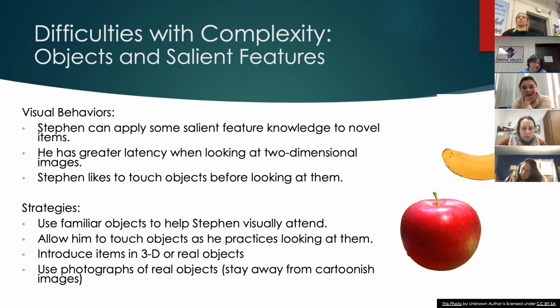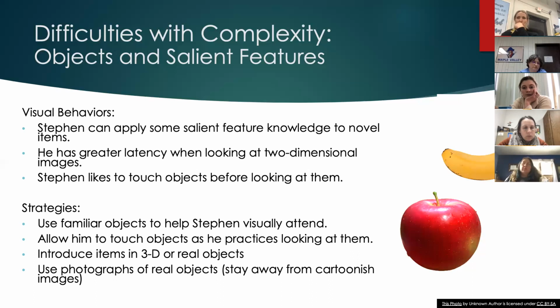And if you remember, complexity is broken down into 4 parts: objects, sensory, facial recognition, and an array of objects. So there's 4 different ways we can look at complexity in this area.